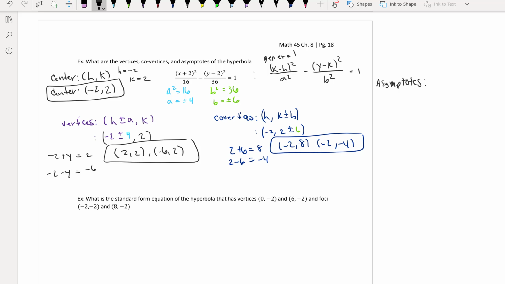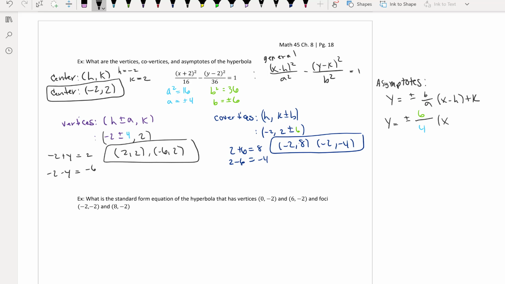And that is going to be y is equal to plus or minus b over a times x minus h, plus k. So if I were to plug all of that in, this is how I would get it. y is equal to plus or minus, so my b value here is 6, and my a value was 4.